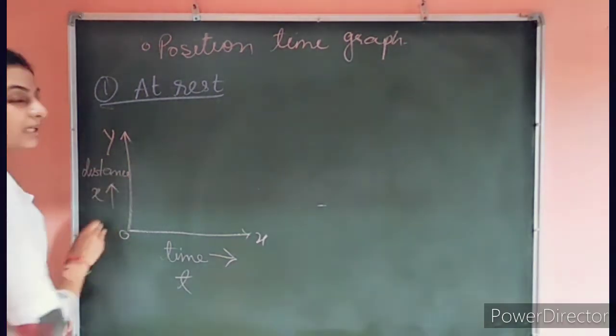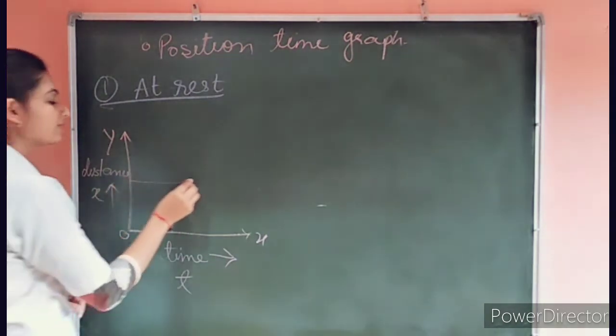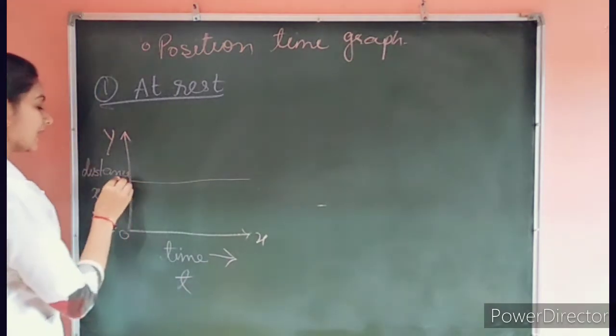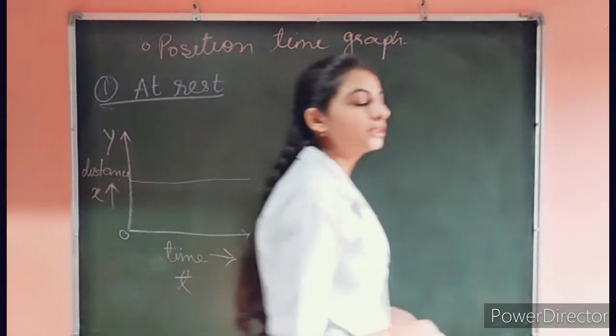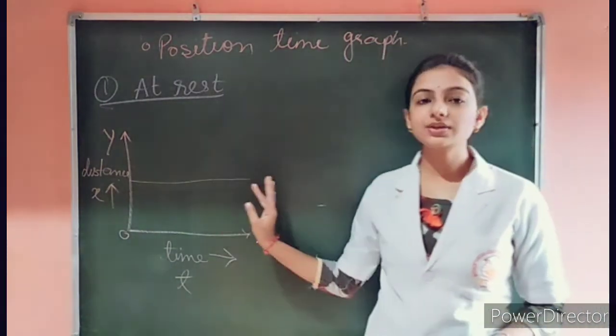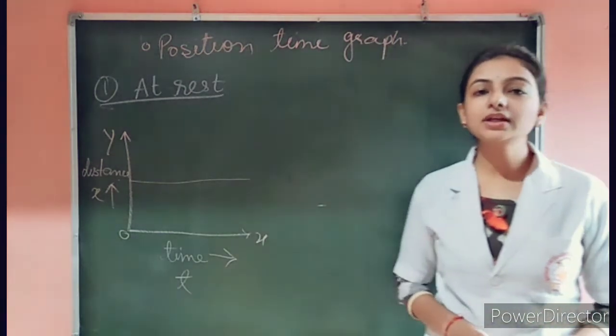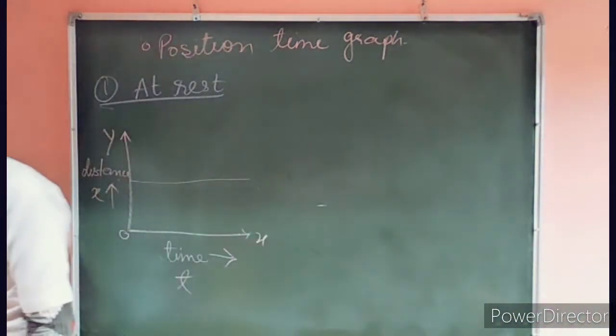When the object is at rest, we get a graph like this. With a change in time, the object is seen to be at rest. There is no movement in the object, so this graph will be generated.